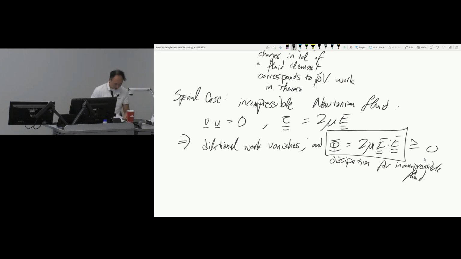This is not a bad place to transition to talking, very briefly, about how you're going to use this on the homework. So, for example, number 5 in homework 2 says, how long would it take to heat your bath water from room temperature to boiling by stirring with your hand?